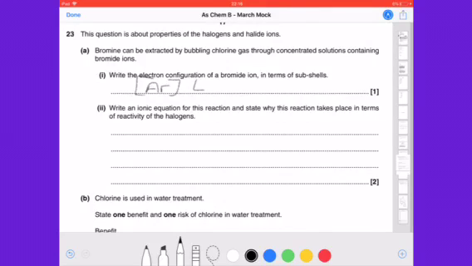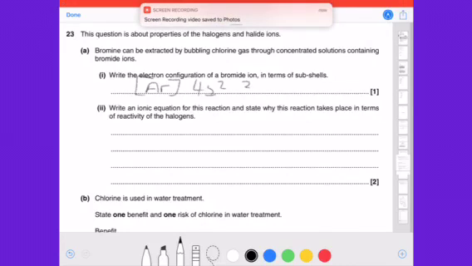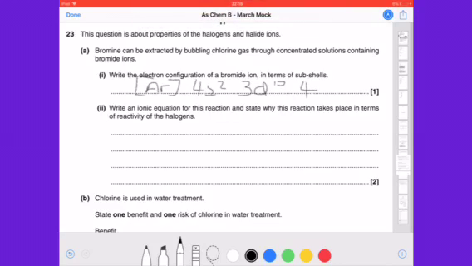We then continue with 4s2, 3d10, and then 4p6. And that is your full electron configuration. Remember that rather than shortcutting it, you should be writing this out in full. Just that I didn't have enough room to do that.